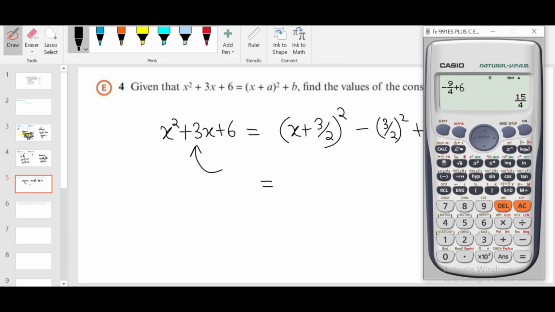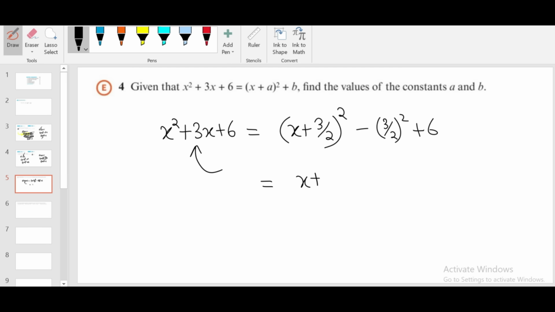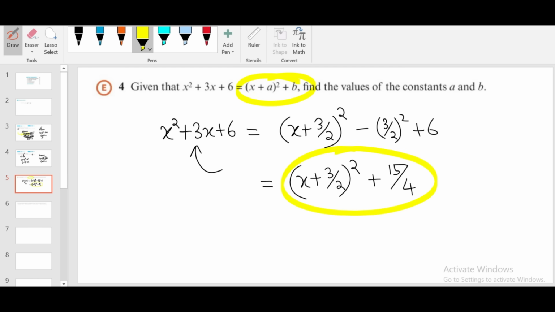So we'll get 15 over 4. So x plus 3 over 2 whole square plus 15 over 4. Compare these two, and then write A, B, C. A is equal to 3 over 2. B is equal to 15 over 4. That's all. That's type 2, when this number is not divisible by 2.